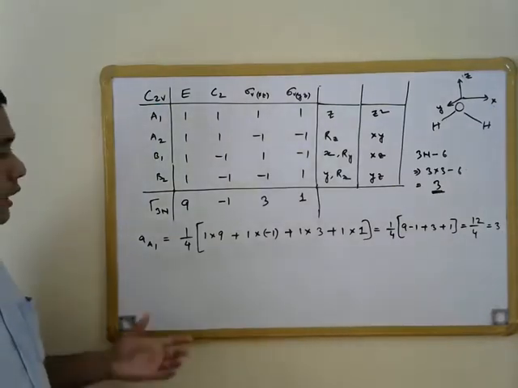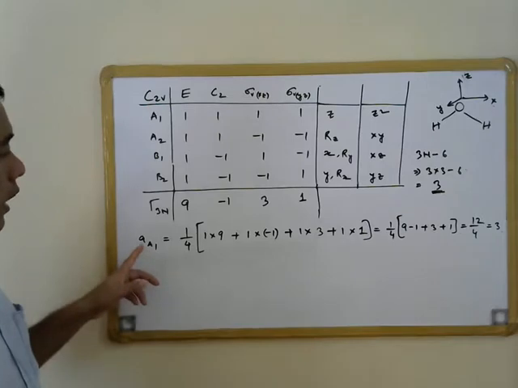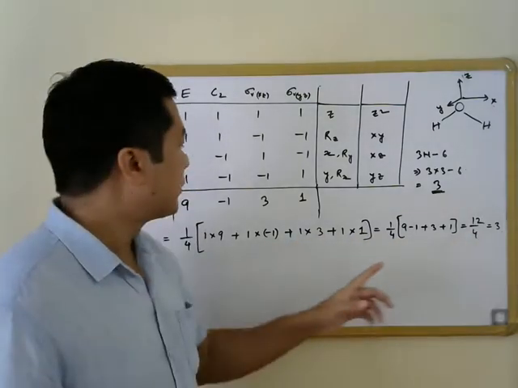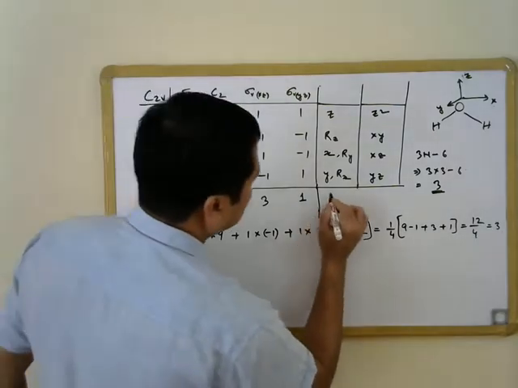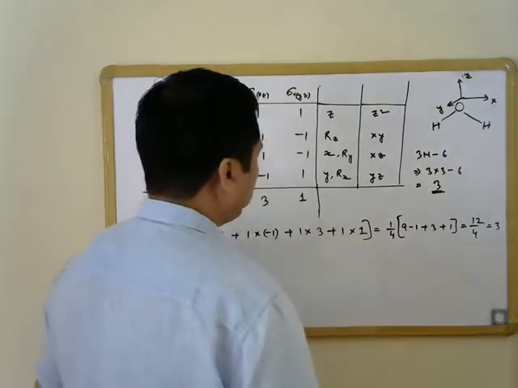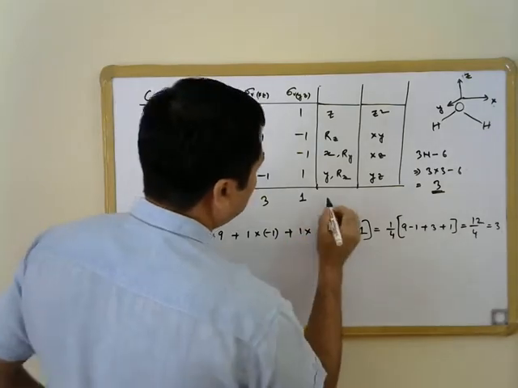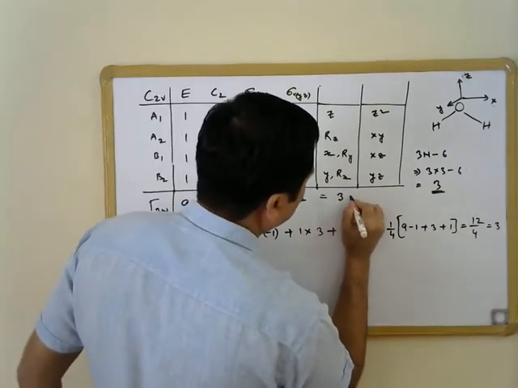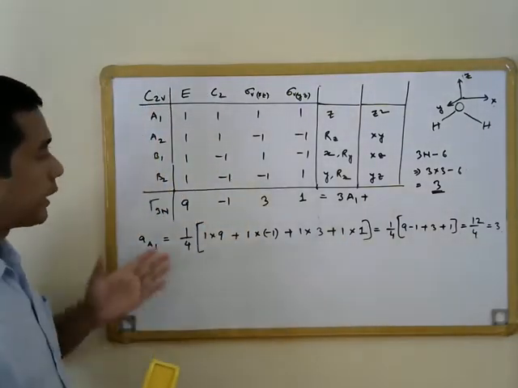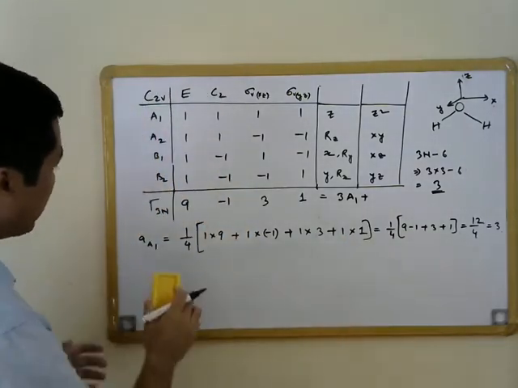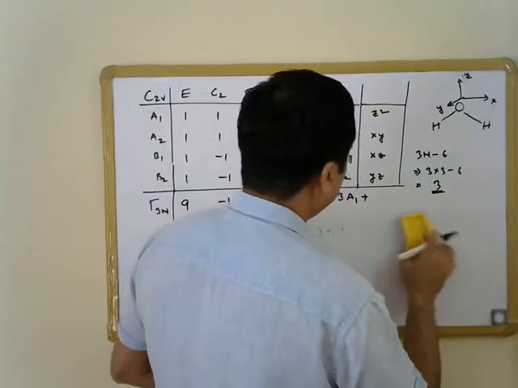What it tells us is that the A1 irreducible representation appeared 3 times in this reducible representation gamma 3n. So we can write that this is equal to 3 A1 plus. We will need to find out how many times the other irreducible representations appeared in gamma 3n as well.